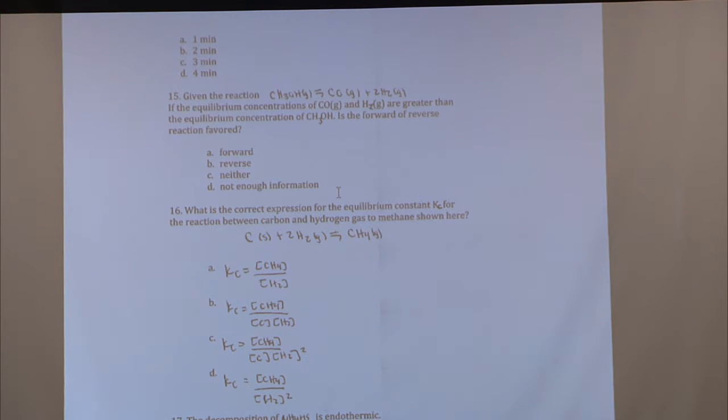Okay, number 15 says, given the reaction of methanol yielding carbon monoxide and 2 hydrogen gases, if the equilibrium concentrations of carbon monoxide and hydrogen gas are greater than the equilibrium concentration of methanol, is the forward or the reverse reaction favored? I'm just going to rewrite it here.